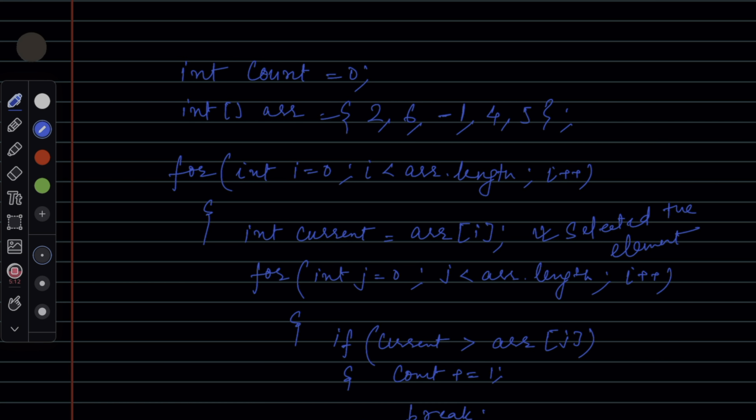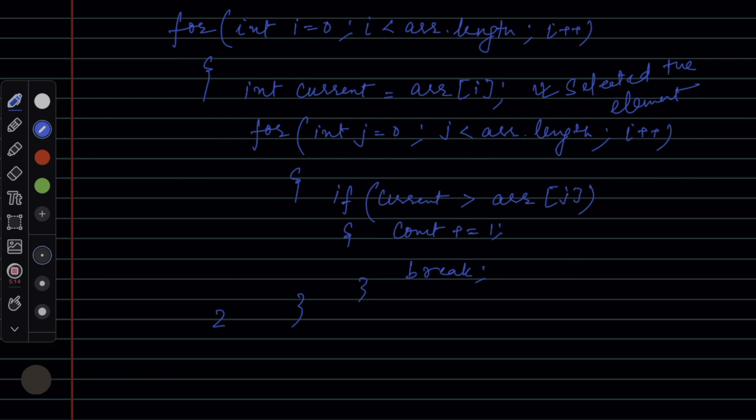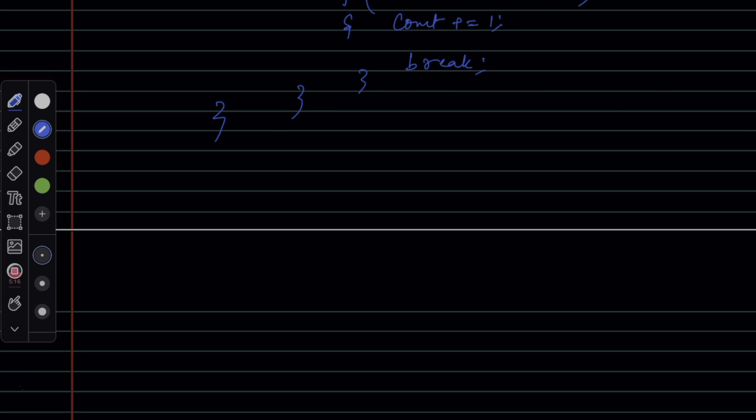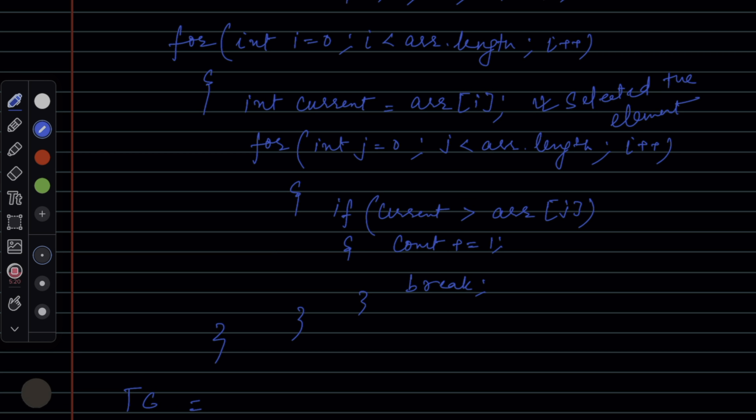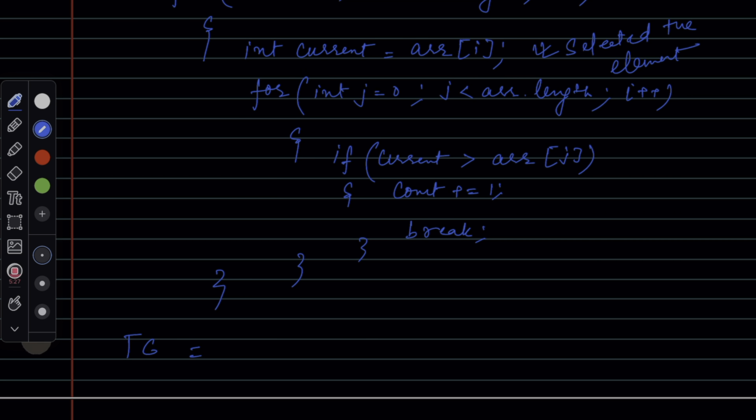Now let's talk about the time complexity. What we are doing here is we have two for loops, one inside the other, and we are selecting one element and iterating over the whole array. So for each element, we are doing n iterations.